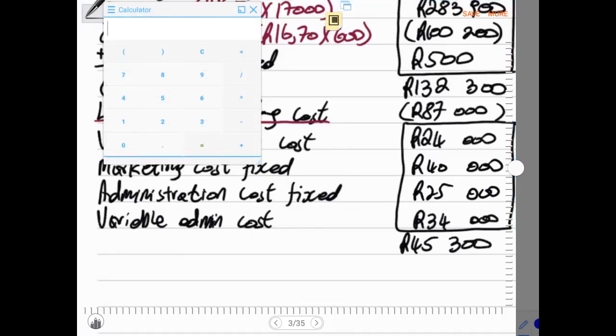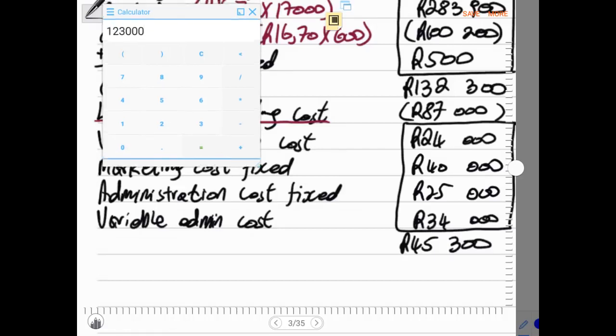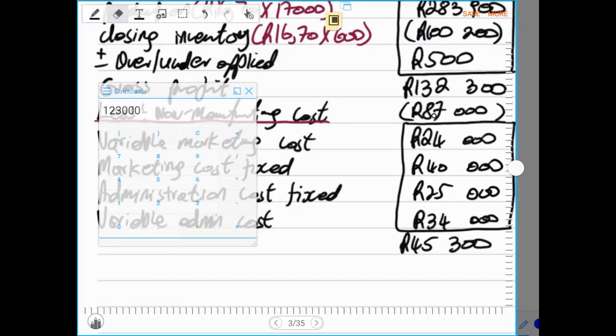So now let me just recalculate that. We have 40,000 rands plus 25,000 rands plus 34,000 rands plus 24,000 rands. Yes, the amount is 123,000 rands. Not 87, 123,000 rands.